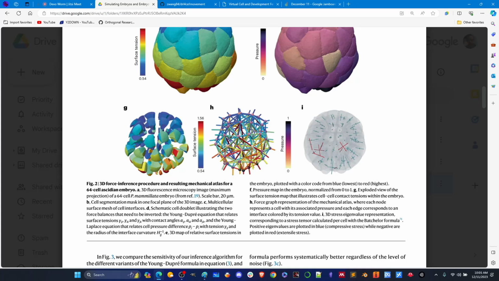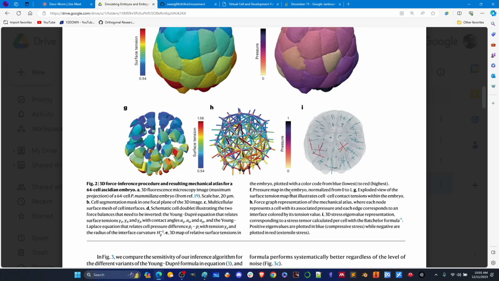This corresponds with this edge here in red. There are edges that are red, which means very high surface tension, and edges that are blue, which means low surface tension. So this is almost like, not quite a tensegrity network, but it gives us some information that might be useful to see how those tensions are being regulated.